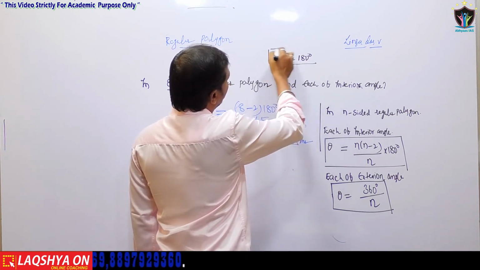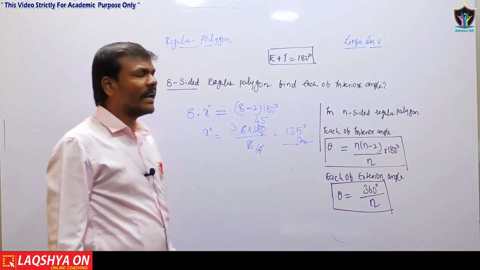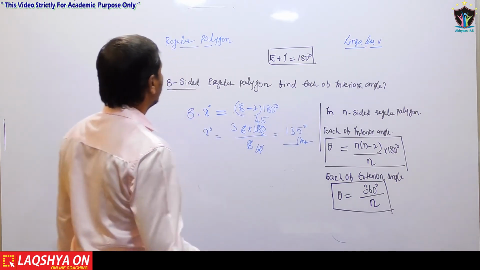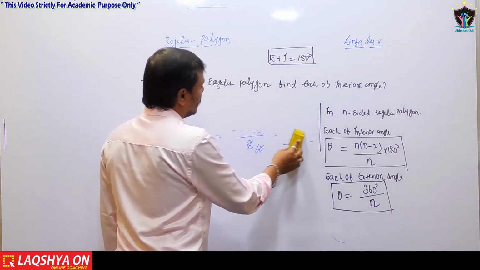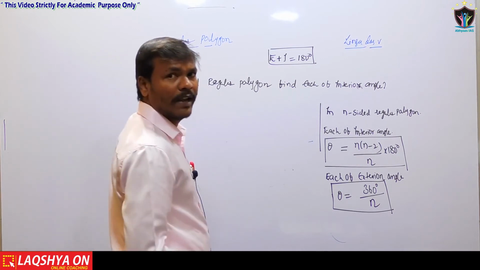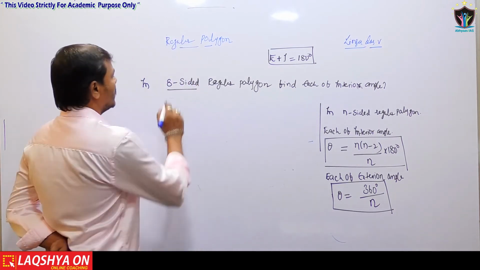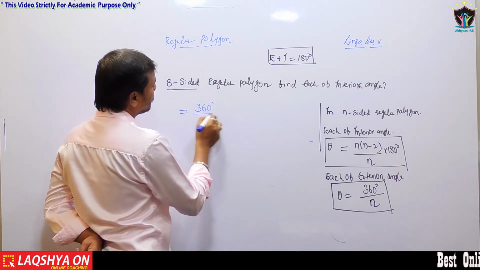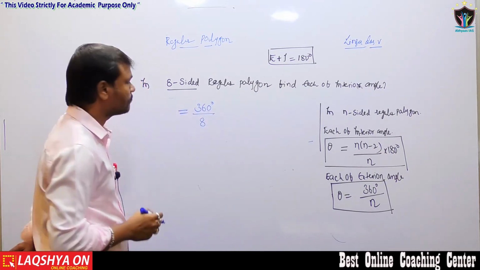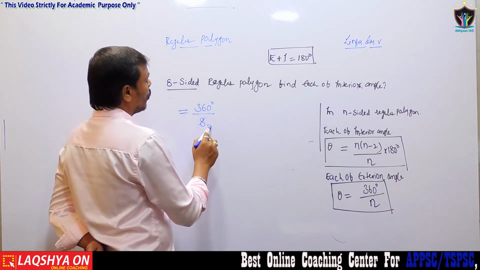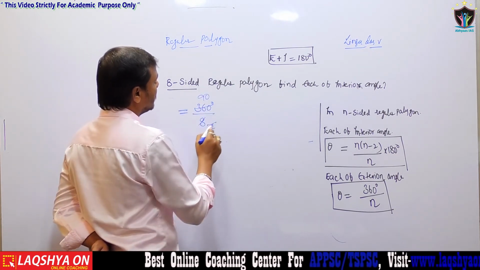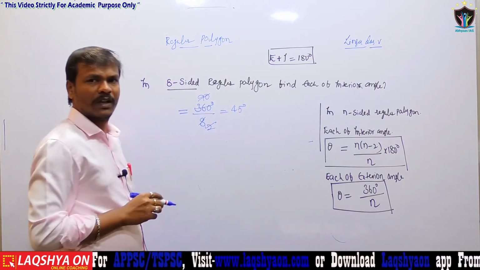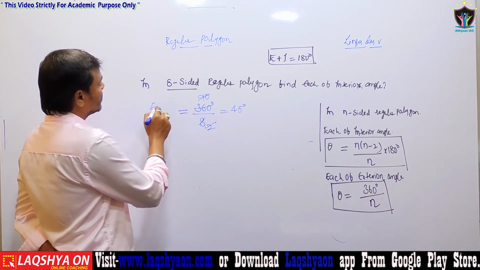Any polygon, at the vertices, the exterior angle plus interior angle is equal to 180. From this key point, we can easily identify the interior angle of a regular polygon. So for this question, how can we find it without using the formula n minus 2 by n into 180? For an 8-sided polygon, the exterior angle is 360 by 8, 4 2s are 8, 45 degrees. So the exterior angle is 45 degrees.